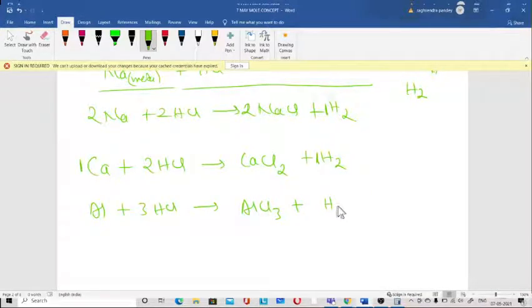So 3 hydrogen atoms means 1.5 molecules, so I will write 3 by 2 of hydrogen. Are you getting? Or you can write 2 aluminium will give 3 hydrogen molecules.